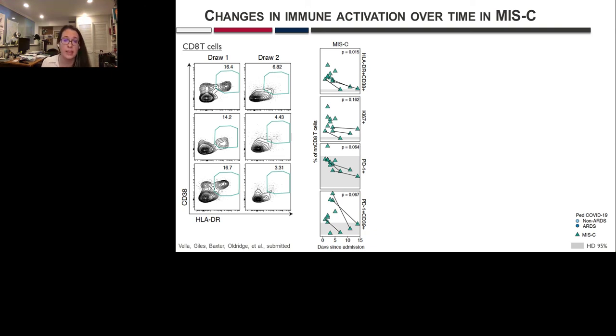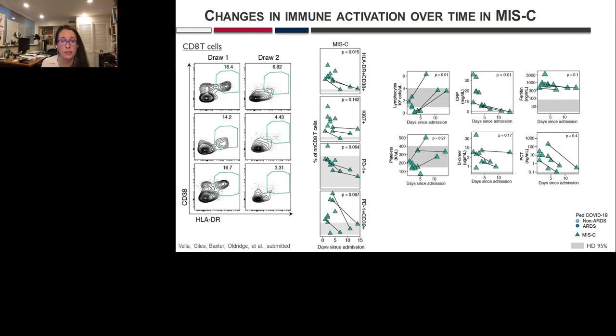We then asked how the clinical features were changing over those time points. And if you look at the top left-hand side here, that's the absolute lymphocyte count. So as I noted at the beginning, the MIS-C kids tend to have lower lymphocyte counts and some are lymphopenic. But here what we can see is that by that second time point, that lymphocyte count has actually recovered to almost healthy normal donor range.